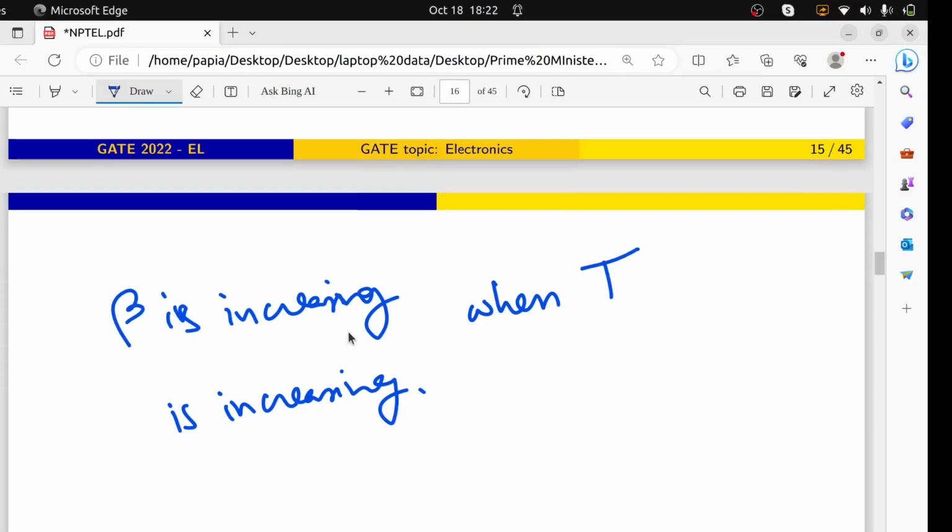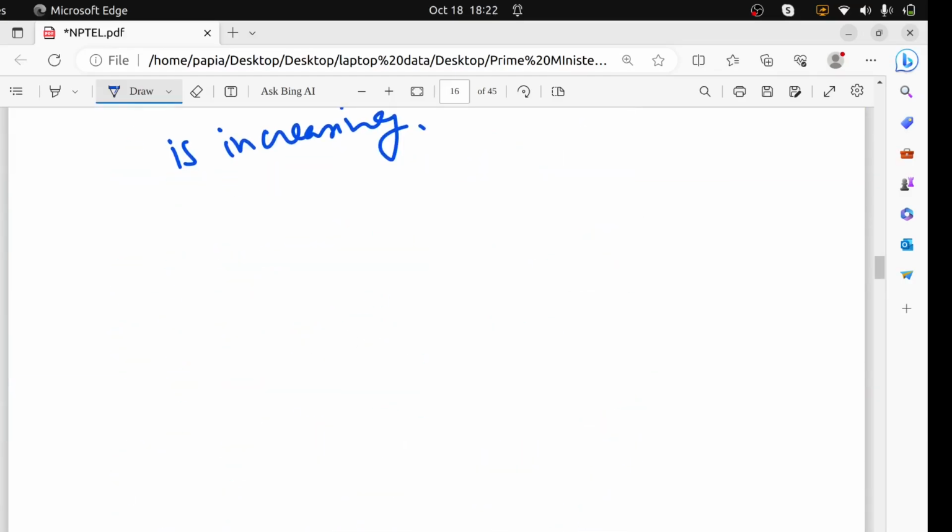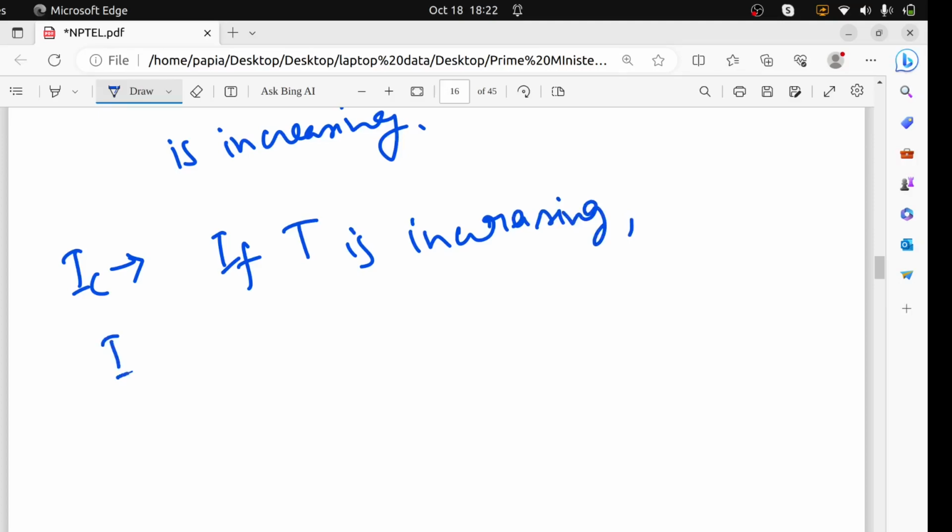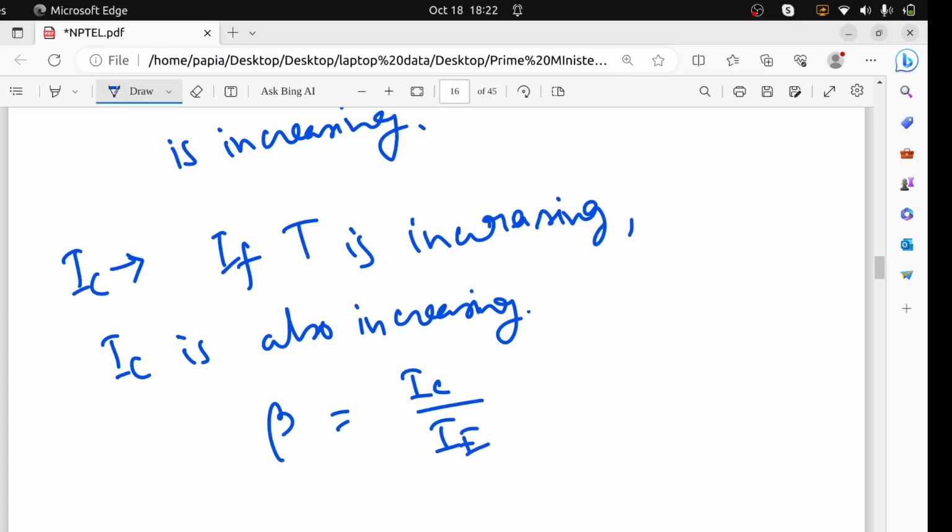Now coming to the IC condition. In general, we can say that if T is increasing, IC is also increasing. If that is the case, then you can see that beta is IC by IE. When temperature increases, IE was decreasing and IC is increasing. So obviously, as a whole, beta will be increasing, right?